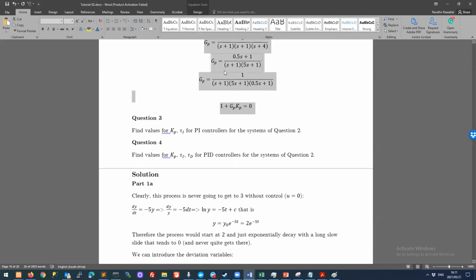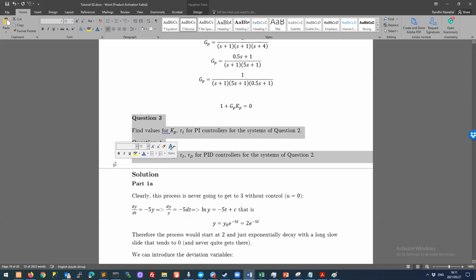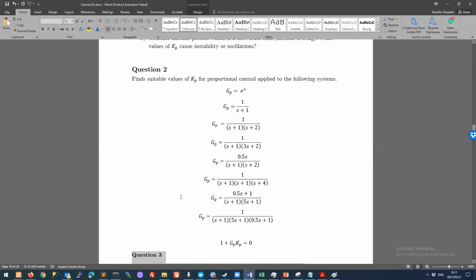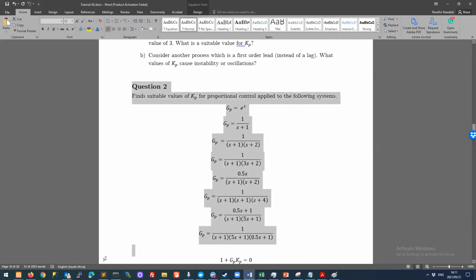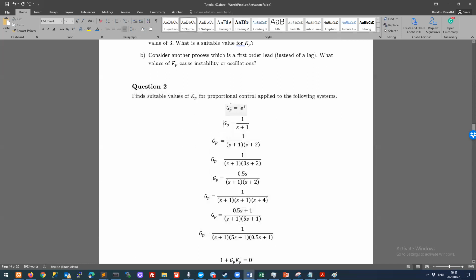Okay, and then question 3. You won't be able to do these questions yet unless you read ahead. But for now, just investigate what happens in question 2 as you use different controllers, different Kp values in your controller.